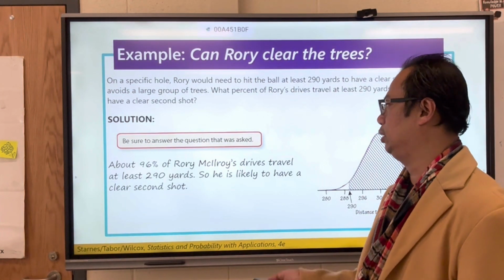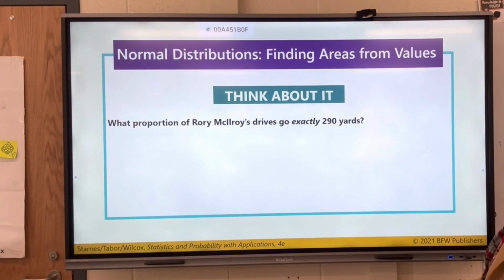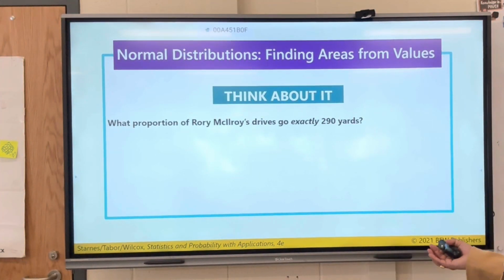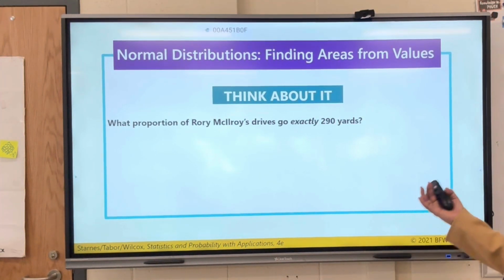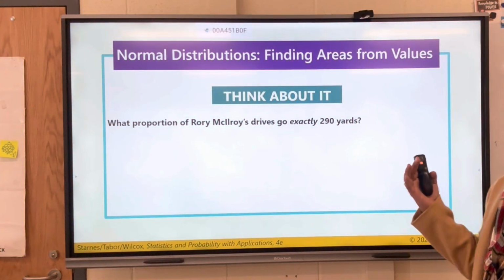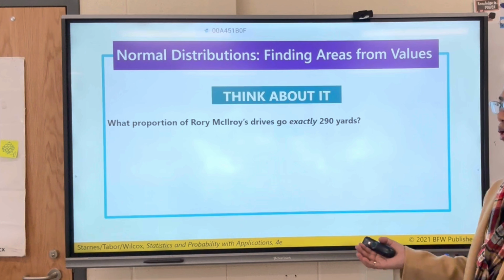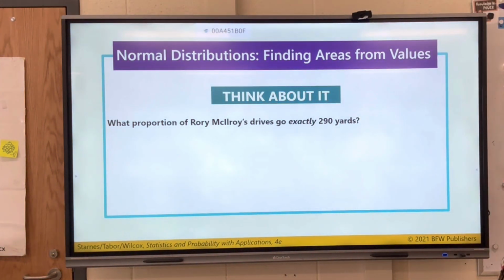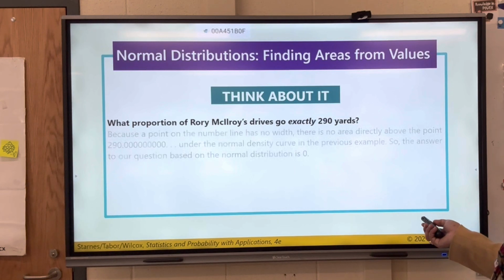Next. So we are now done with objective number 2, finding the proportion of the values to the right of the normal distribution. What proportion of Rory McIlroy's drives are exactly 290?